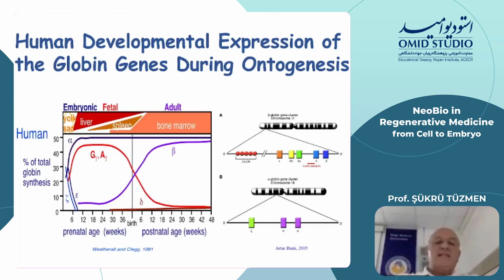So us, the scientists who are involved with this kind of research, are in search of other family members. When I was at the NIH in the United States, one of my major works was on the knockout mice models of the epsilon globin gene.